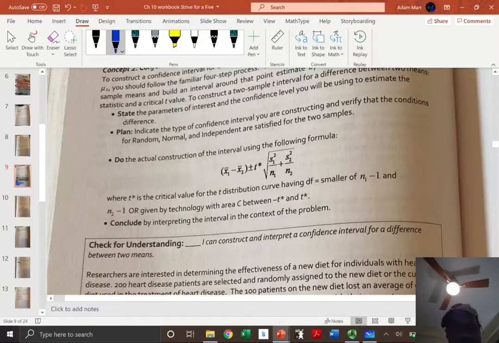Where t star is the critical value for the t distribution curve having degrees of freedom equal to the smaller of n sub 1 minus 1 and n sub 2 minus 1. So basically you take both degrees of freedom, compare them, and you take the smaller of those. Or you can just use technology, right? You use the calculator, it gives you the degrees of freedom automatically. Conclude by interpreting the interval in the context of the problem.